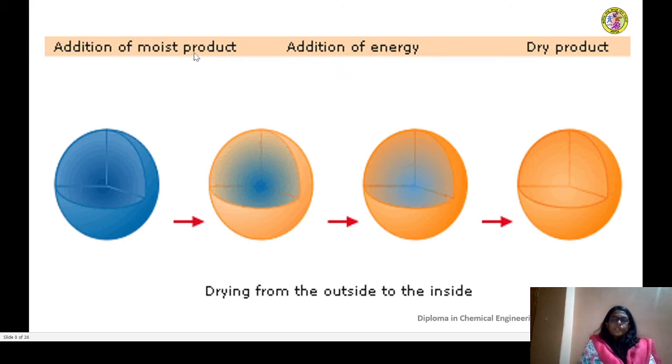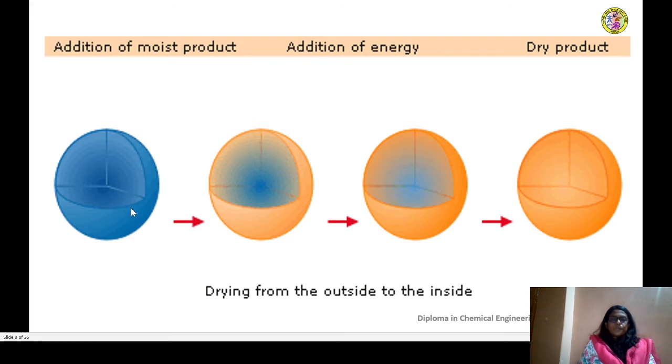Okay, so it's a simple figure showing you how we can remove the moisture from the wet material. So the sphere shown with the blue color is representing a wet solid. So the blue color is meant for indicating there is moisture that is present in the solid.